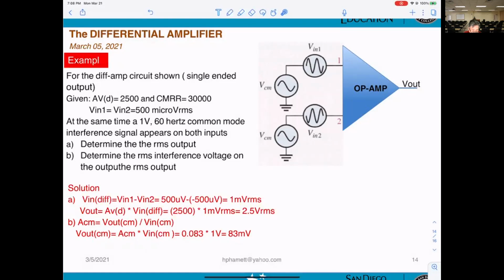So you get a gain of 0.083. That means the gain of the common mode.